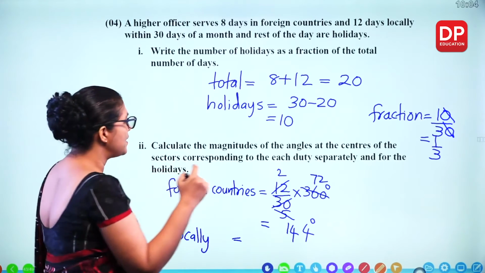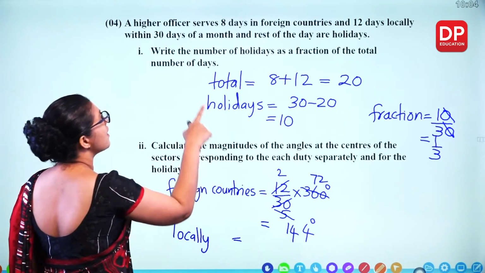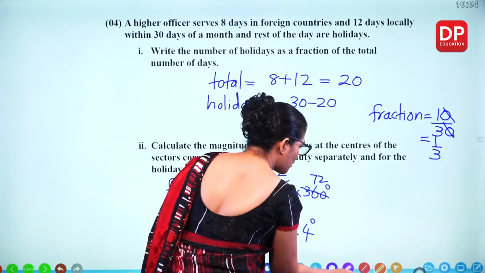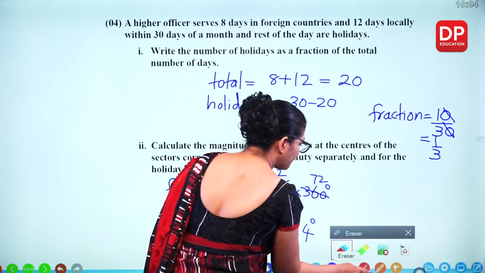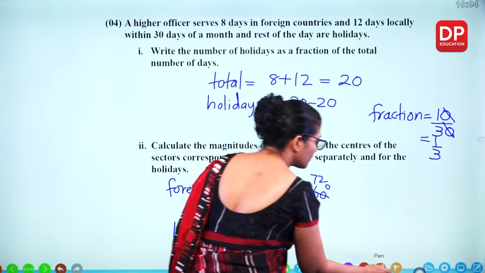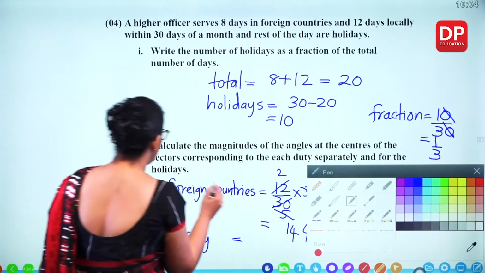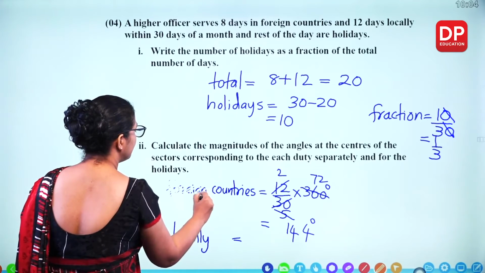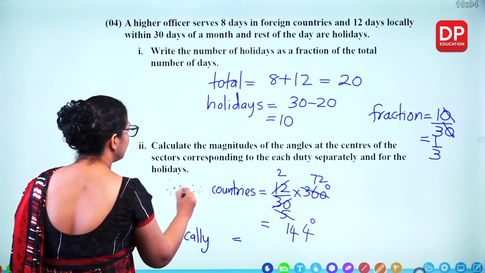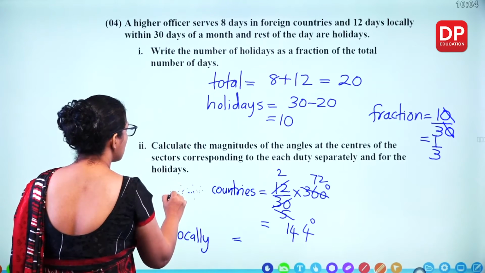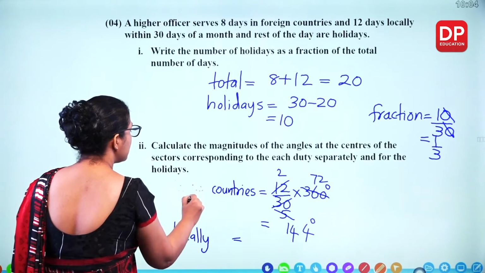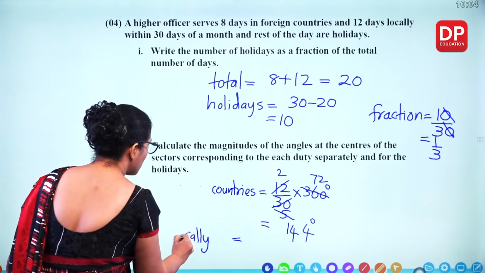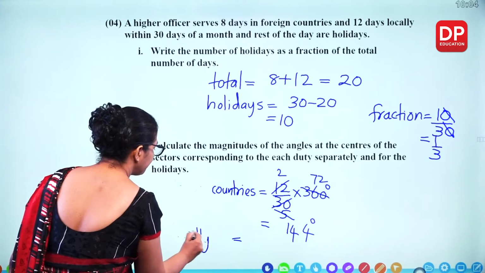So, we made a mistake. This is not foreign countries. 8 days in foreign countries. So, we'll change the topic here. We'll change this to local, because 12 means only local, and I'll change this to foreign.